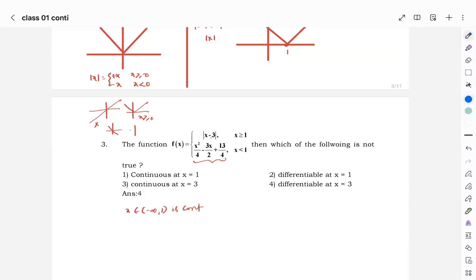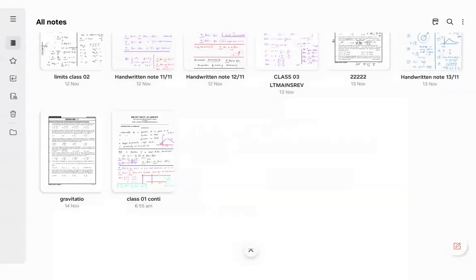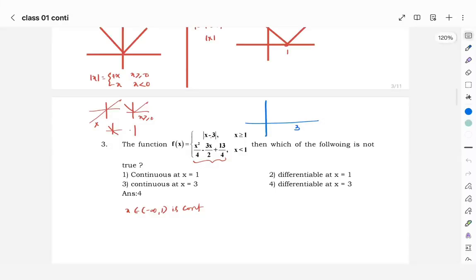The actual graph of mod of x minus 3 will take a turn at 3. So this will be the graph. But he says you consider this graph after 1. Don't consider before 1.